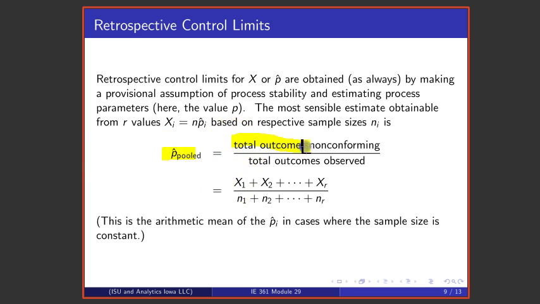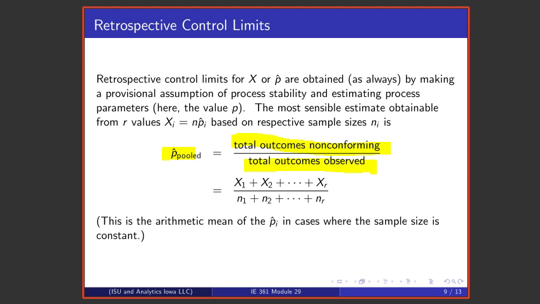One takes the total outcomes that are non-conforming, or total items non-conforming, and divides by the total number of outcomes observed. That amounts to adding up counts for, say, r samples and dividing by the total of the r sample sizes.